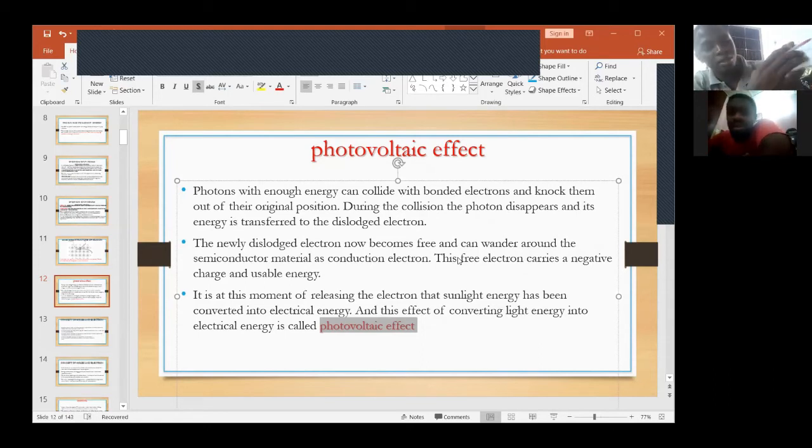If you are applying a force from this direction, it will never open this door. So what the junction does is create a barrier where electrons cannot go back. The only thing they can do is follow any path that is available here and return back.